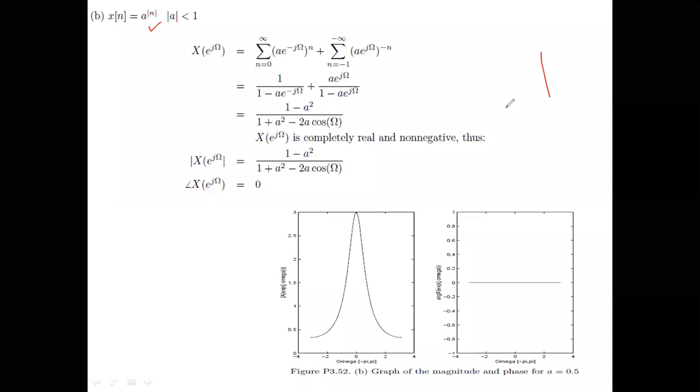Alpha to the power n. What this means is a decaying exponential. So this is a to the power n, and on this side a to the power minus n. Okay, so the substitution has been made here.